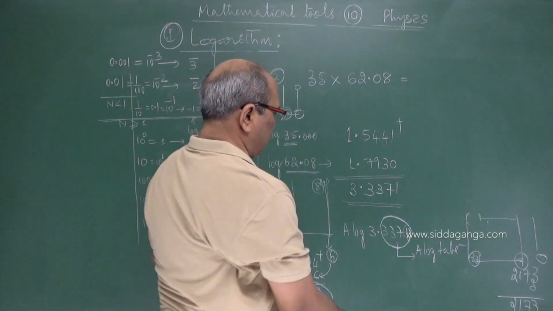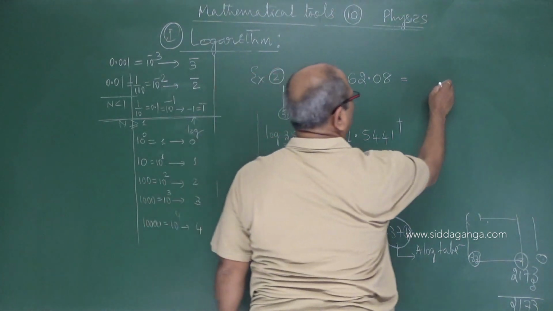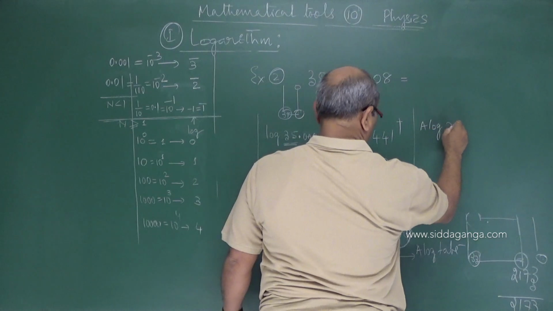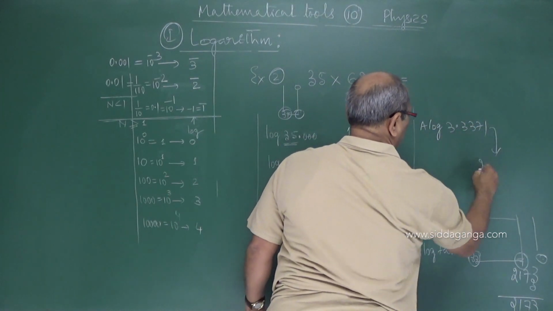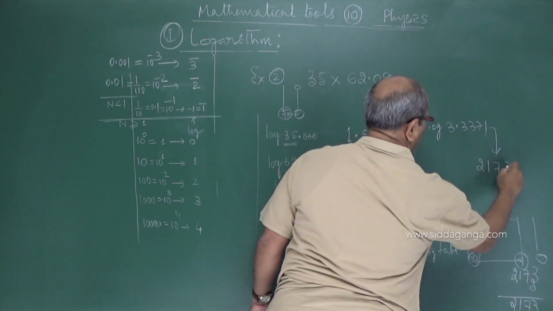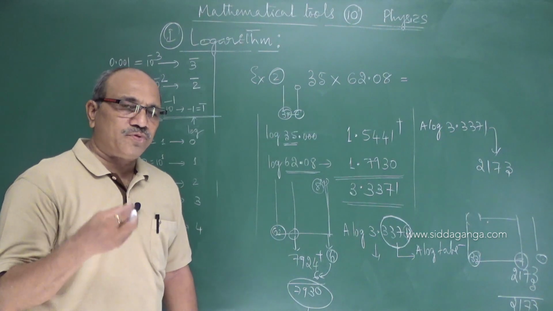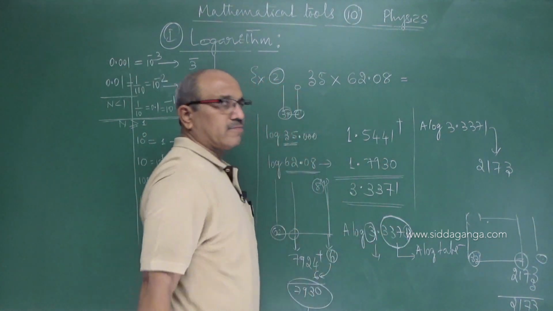So I got 2173, I am writing it here separately: the anti-log of 3.3371, I got as 2173. The question is where I have to put the decimal point. The characteristic is how much? 3.